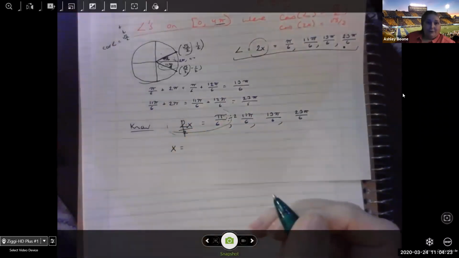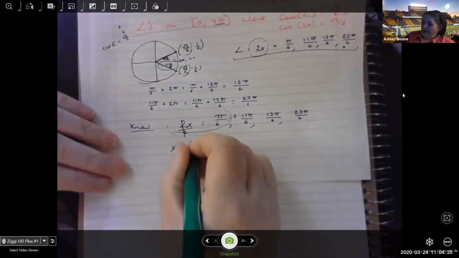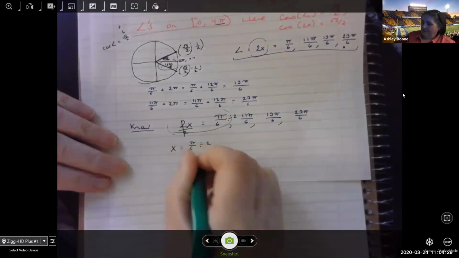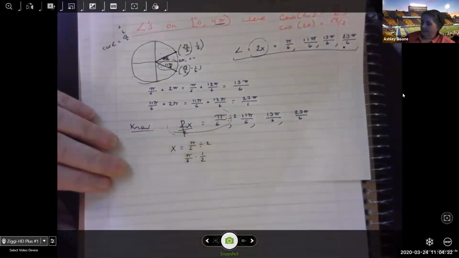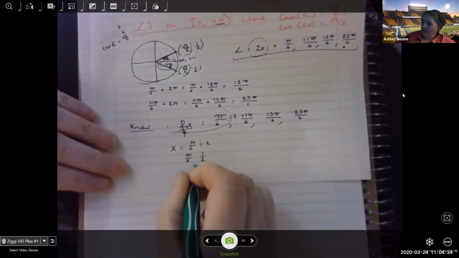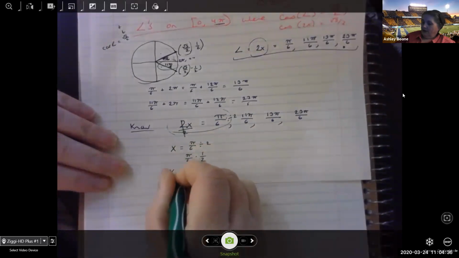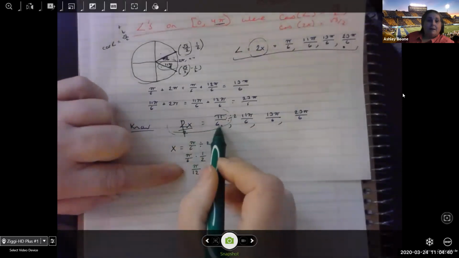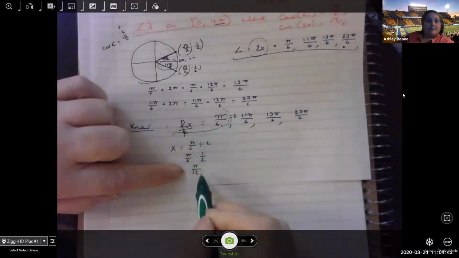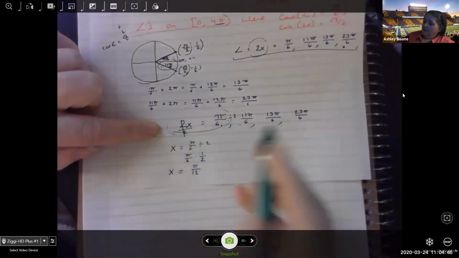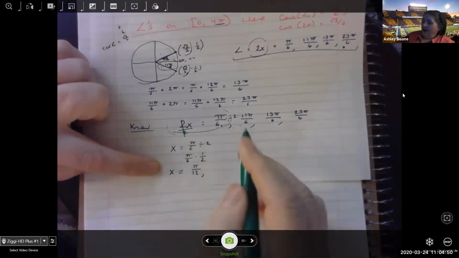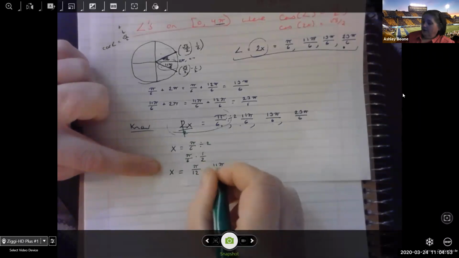I'm just going to do this for the 1. Pi over 6 divided by 2 is pi over 6 times 1/2. That's pi over 12. So when we divide pi over 6 by 2, it actually multiplies the denominator by 2. If we did that for each one of these, we're going to end up with pi over 12 from the first one, 11 pi over 12 for the second one.